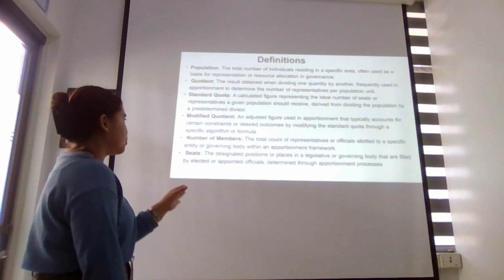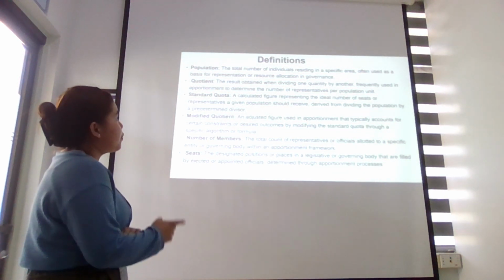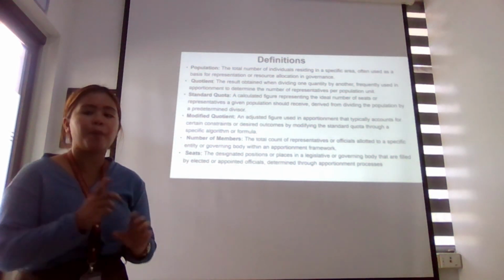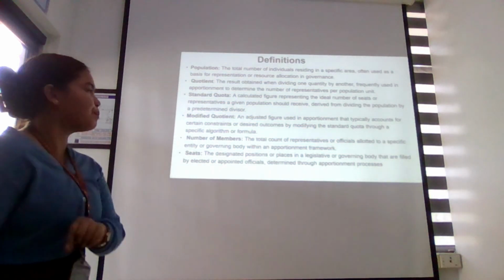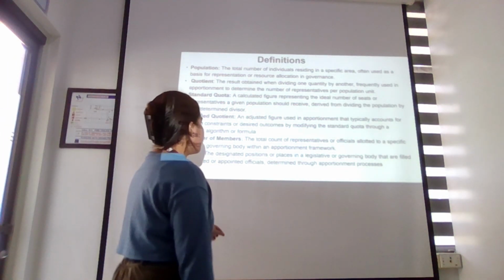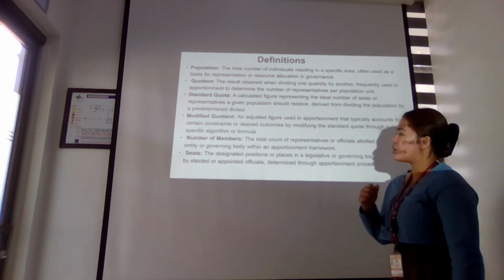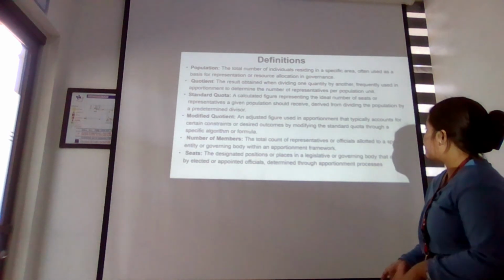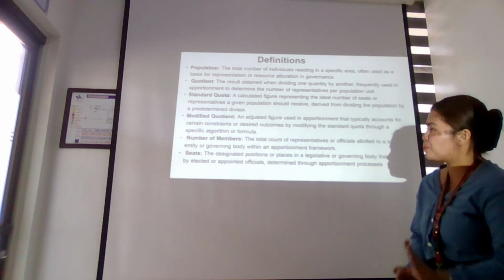Quotient is the result obtained when dividing one quantity by another, frequently used in apportionment to determine the number of representatives per population unit. The next is the standard quota. Standard quota is a calculated figure representing the ideal number of seats or representatives a given population should receive, derived from dividing the population by a predetermined divisor.